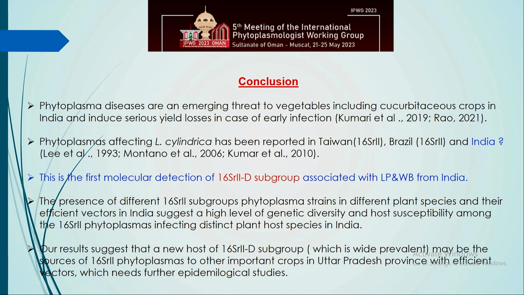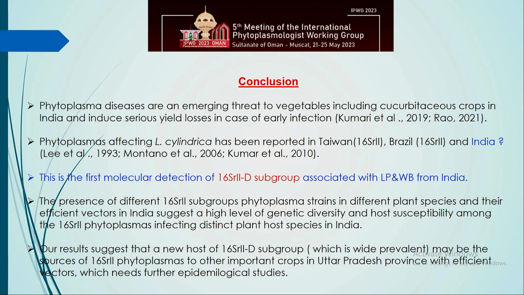But in India, it was simply a confirmation of phytoplasma presence. The earlier authors could not identify the strain. But here we confirm that the particular strain belongs to the 16SrII-D subgroup, and that is a new report from India.